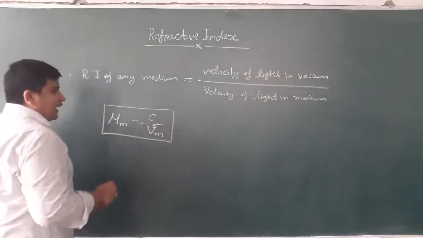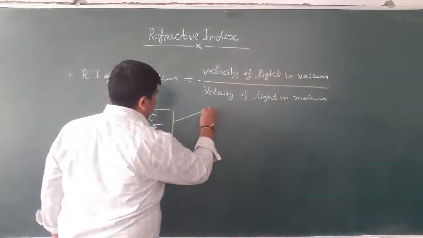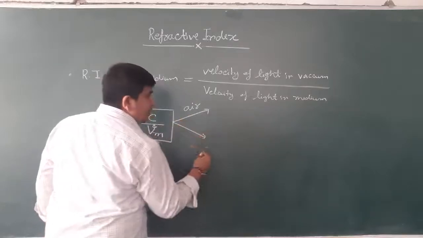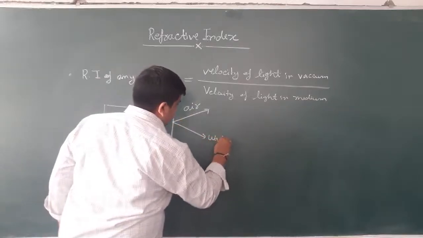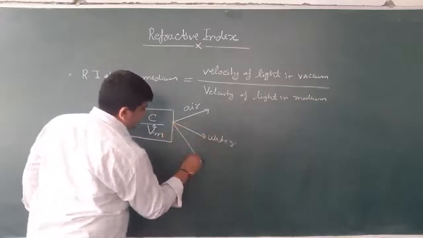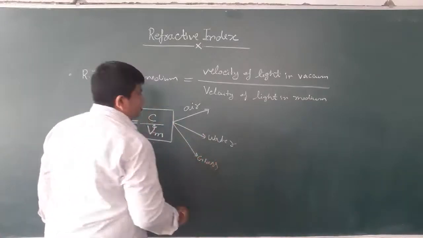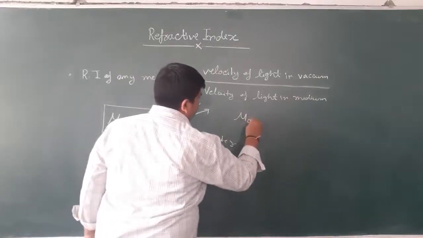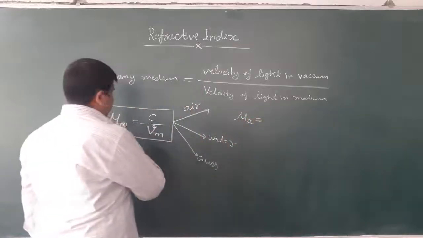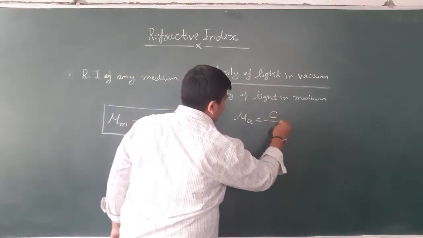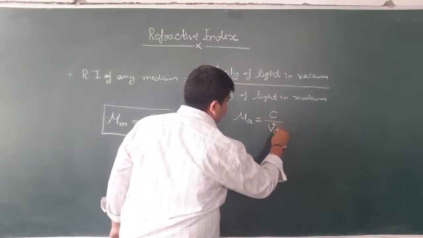Now, suppose we talk about air, water, or glass. The refractive index of air will be the speed of light in vacuum to the speed of light in air.